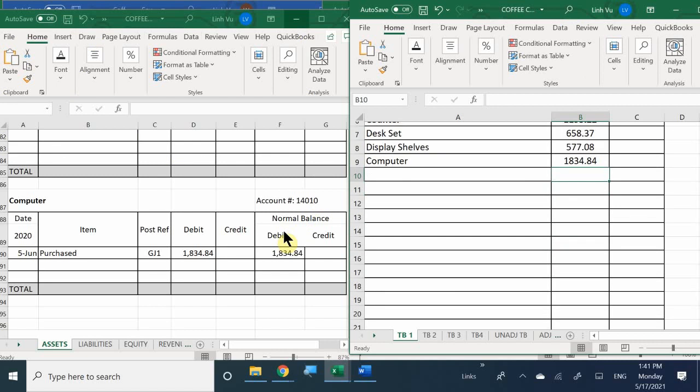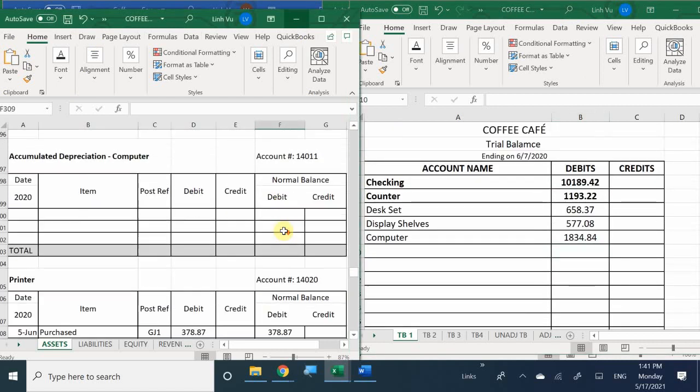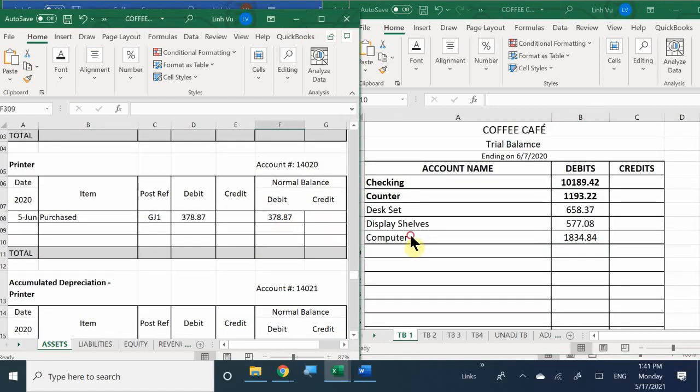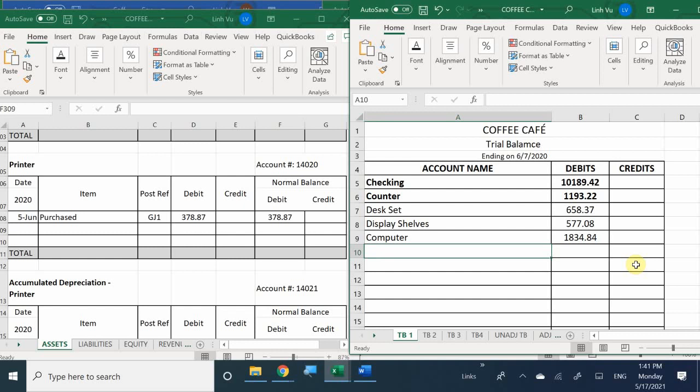Okay. And then let's see. What about my printer? What account balance is in there? 378.87. 378.87. So this is where you have to be very careful on typing in your information because they need to match.